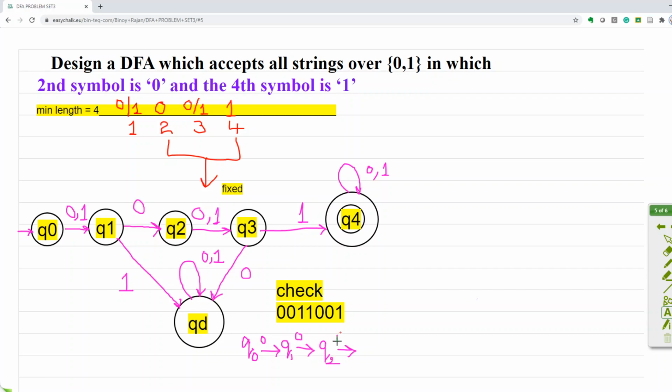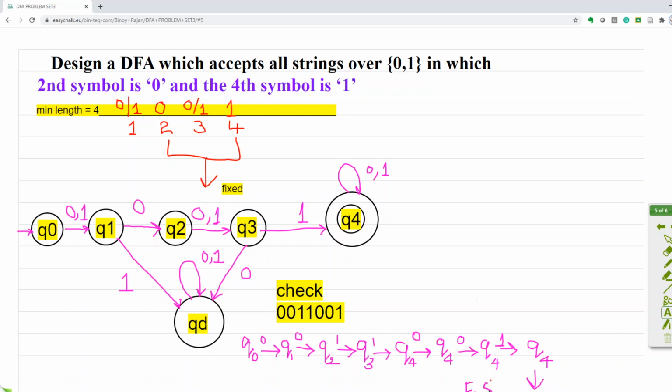Q2 with 1, I'm in state Q3. Q3 with 1, I reach Q4 state, and Q4 with 0, I'm in Q4 because it's a self loop. Q4 again with 0, I'm still in Q4 because of the self loop, and with 1 as an input symbol, I'm still in Q4. So Q4 is the final state.